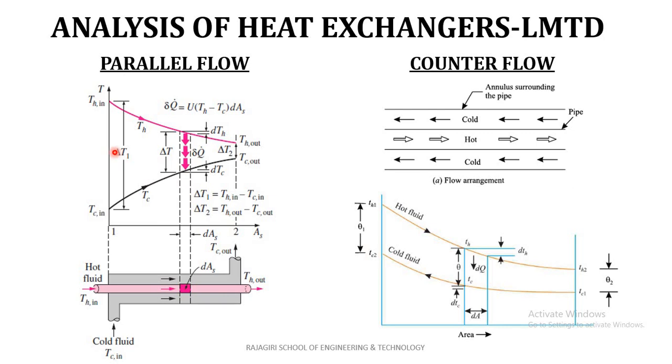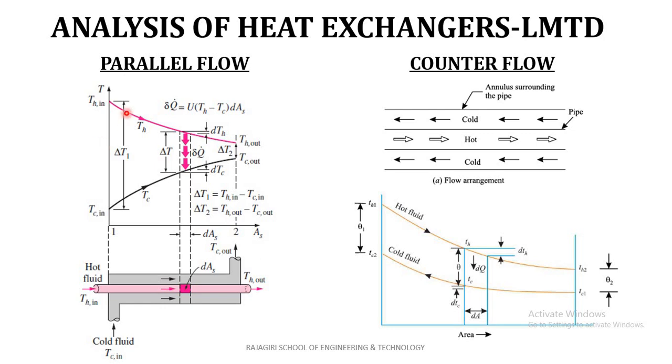Here the important thing we should note is that the temperature difference at inlet we represent with the letter theta 1. It is also represented in some textbooks as delta T1, delta T1 equal to theta 1.